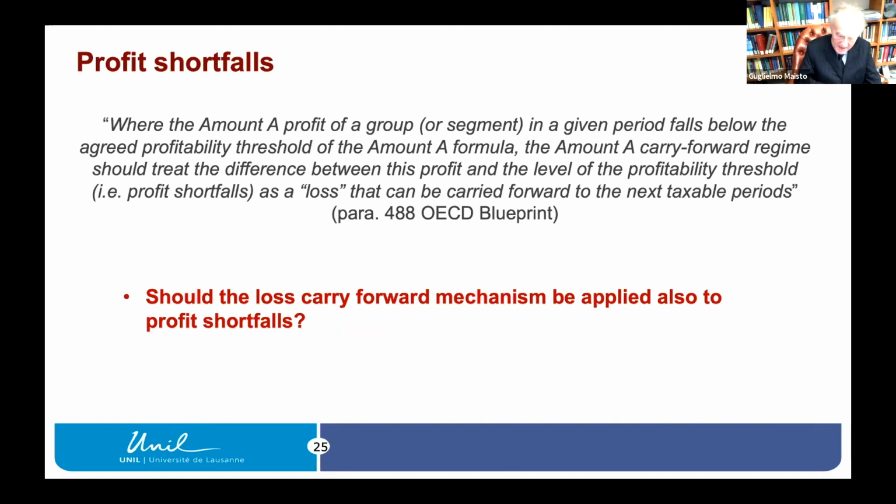But in some other years, the same group might have a deficiency, so a level of profit which will not meet the threshold.